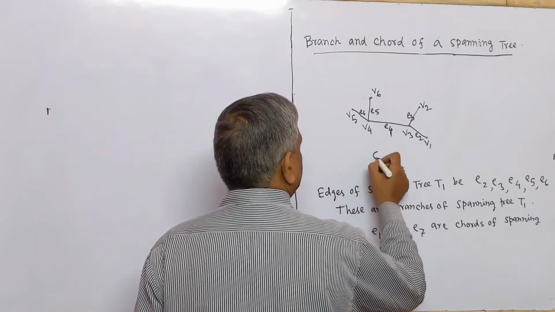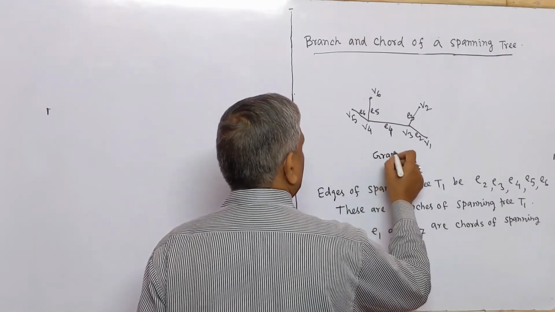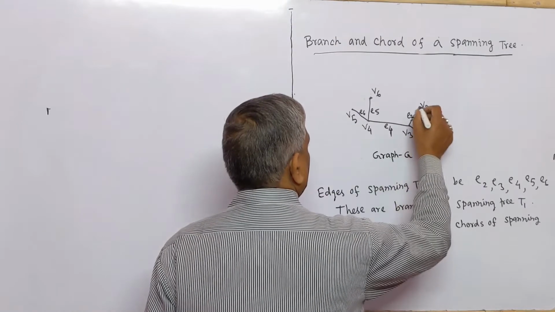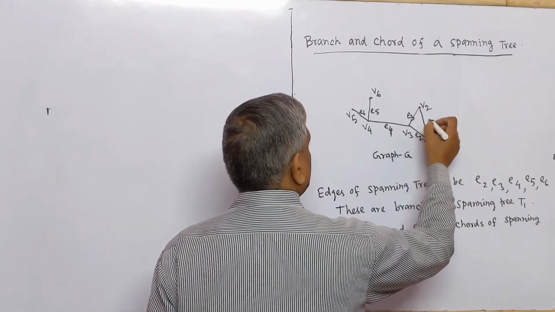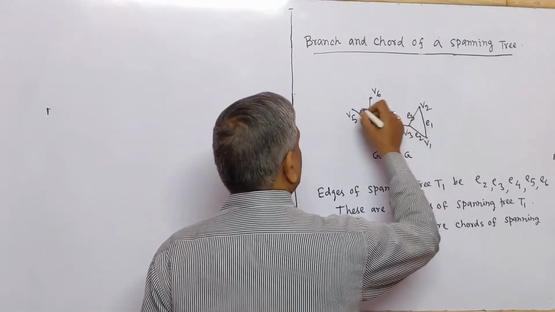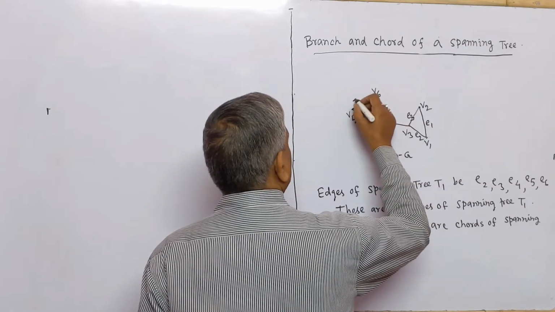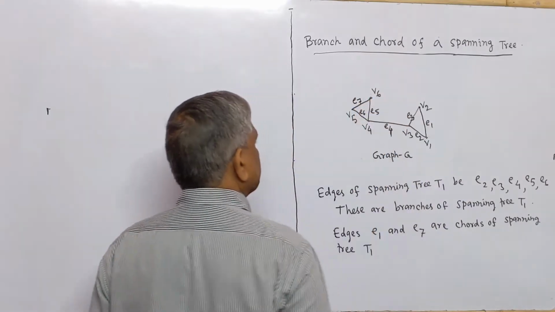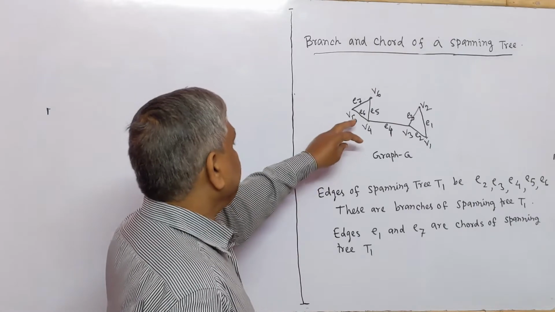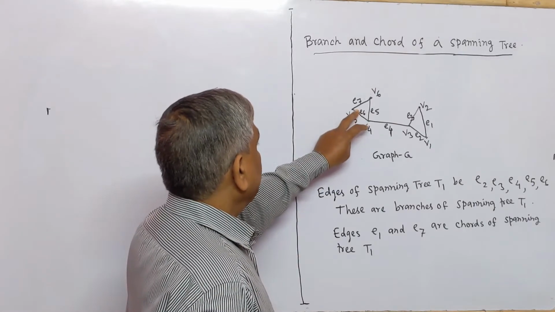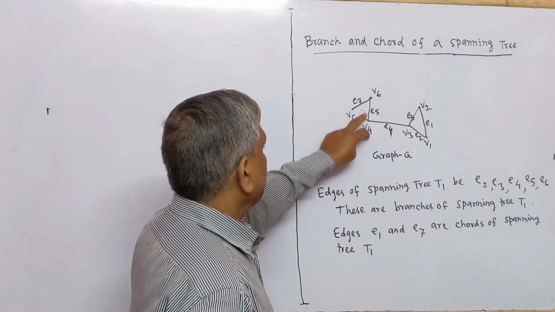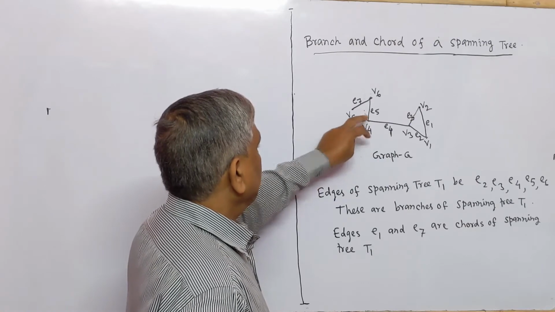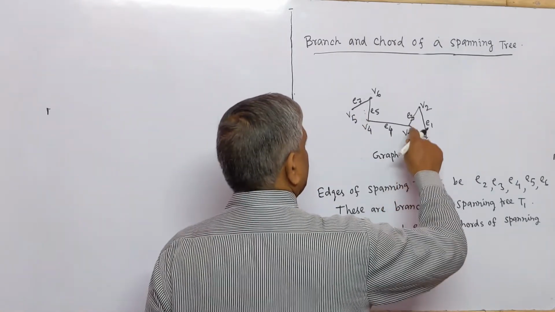Now again we have graph G. Here we connect edge E1 and here edge E7. Now we delete edge E6 and edge E2.